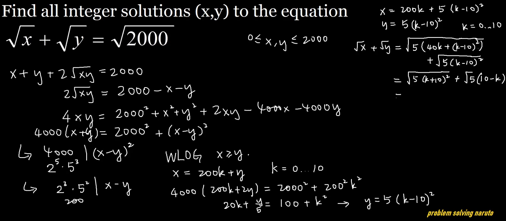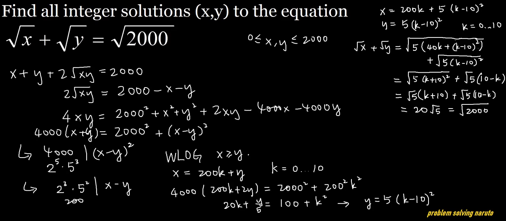This will give me square root 5 times (k plus 10), plus this, and you can see that we actually get 20 square root 5, which is square root 2000. So for k equals 0 to 10, it all works.